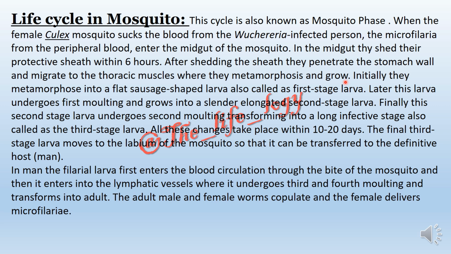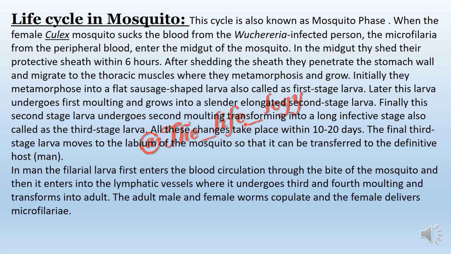Initially they metamorphose into a flat sausage-shaped larva, also called the first stage larva. Later this larva undergoes the first molting and grows into a slender elongated second stage larva.